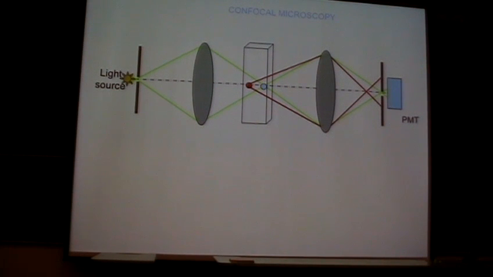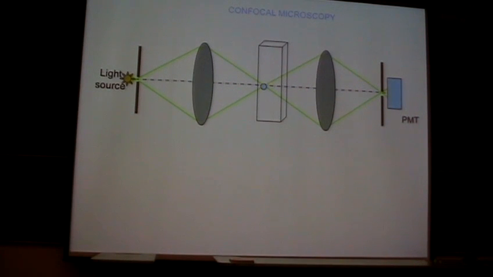The reason for this new capability is very simple: all light coming from outside of this focal point, which is confocal with the two pinholes, two apertures here, all light outside of this volume of interest will not be efficiently focused into this pinhole, and therefore will be effectively blocked.